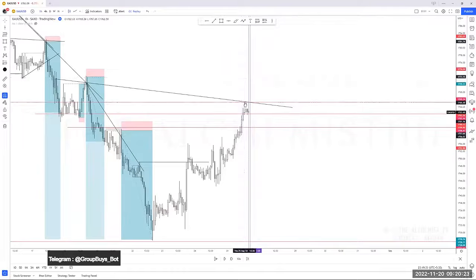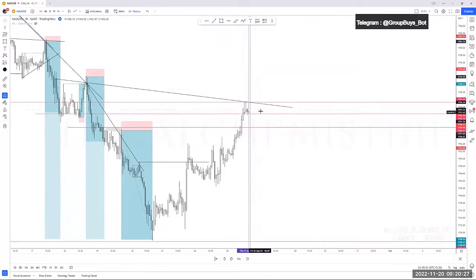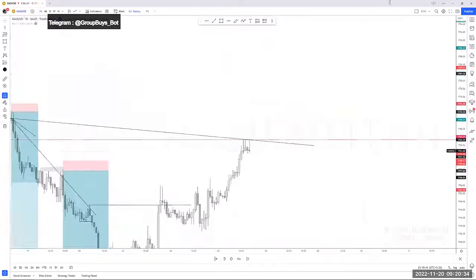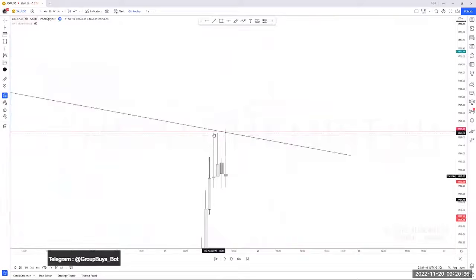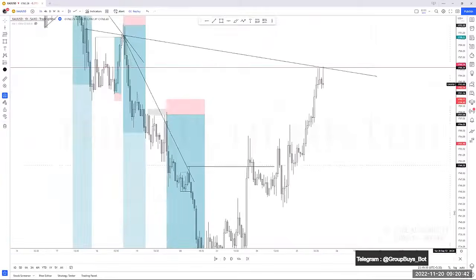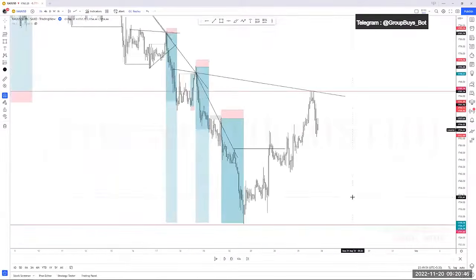Now, let's say you did not take any trades here. No problem. Look at this. 4:30 p.m., what happened? Right at the trend line once again. Good to go. If you use a lower time frame, your price never tapped into these areas until the kill zone, 4:30 p.m. Can you see that? So it tapped, then what happens? There comes the drop.